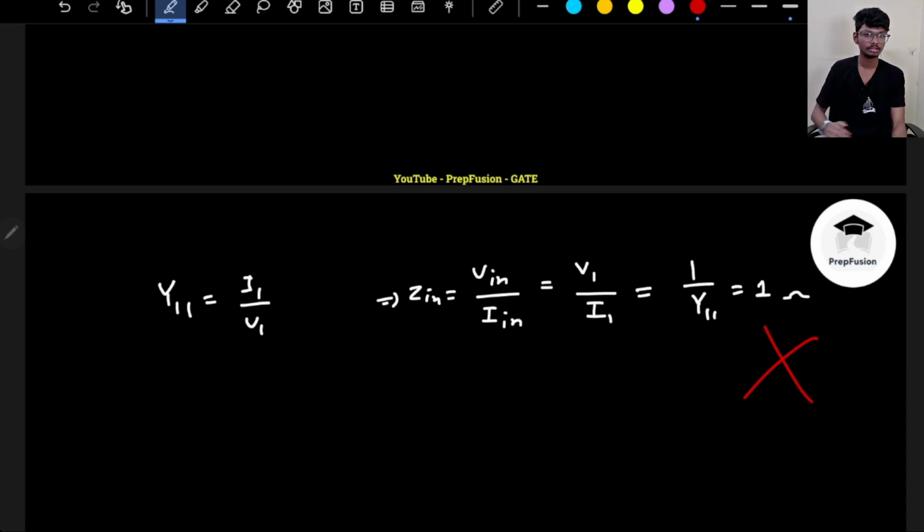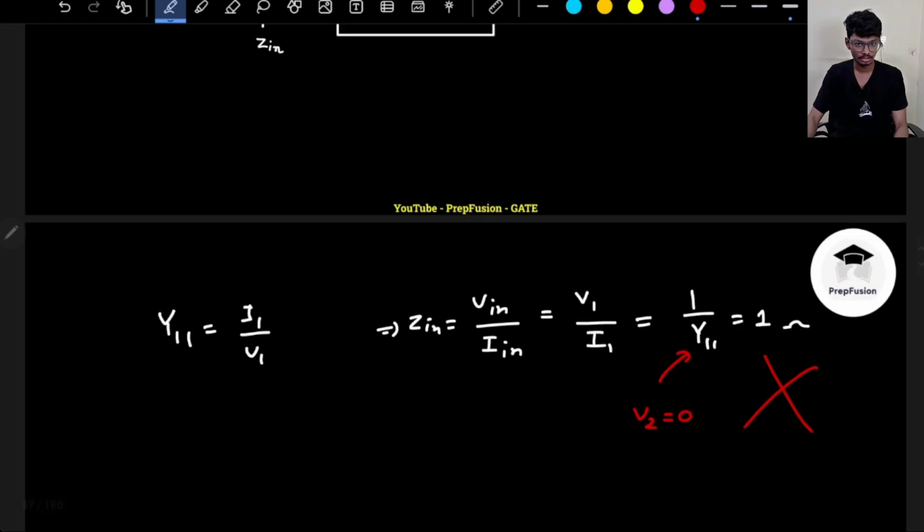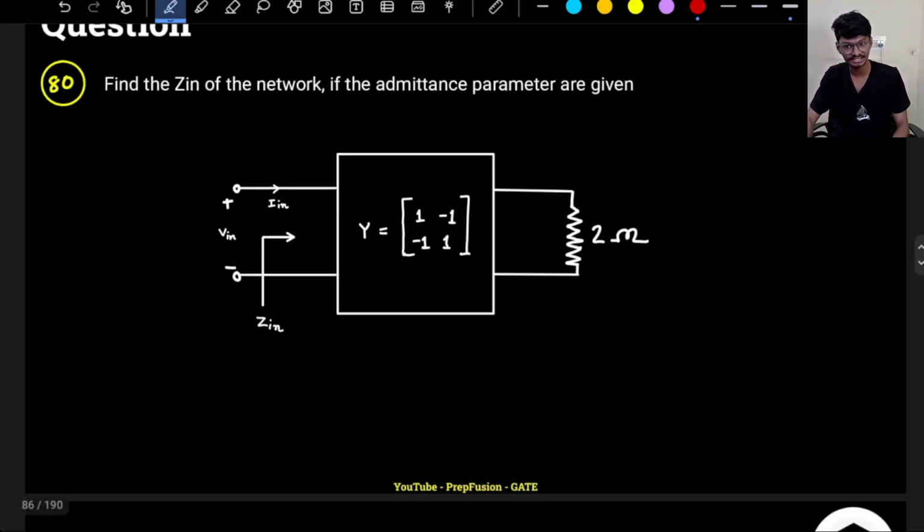Why will you be wrong? I already told you that this was with a condition. The condition was that the V2 voltage will be 0, a short circuit parameter. But Zin is an unconditional parameter.